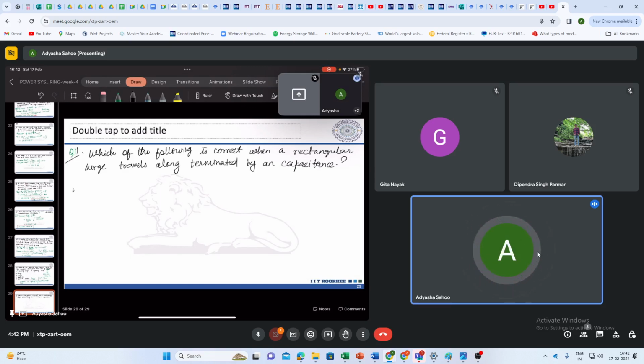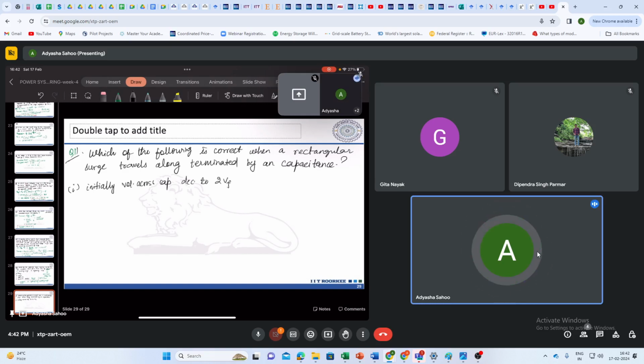So first one is initially voltage across capacitor decreases to VF.